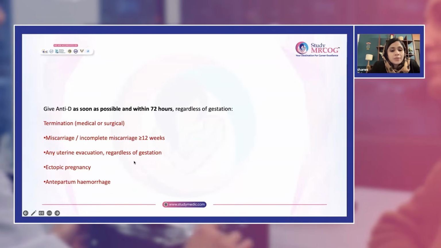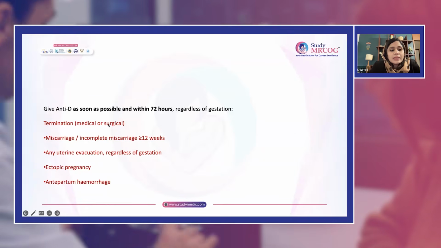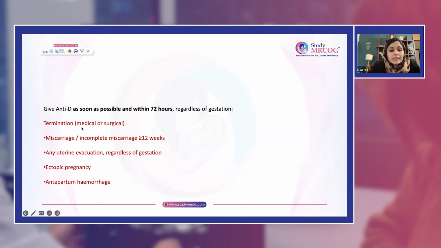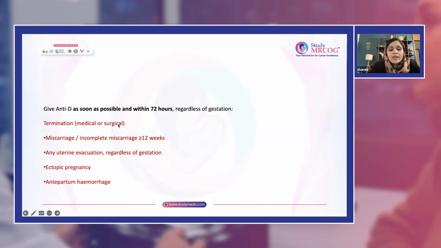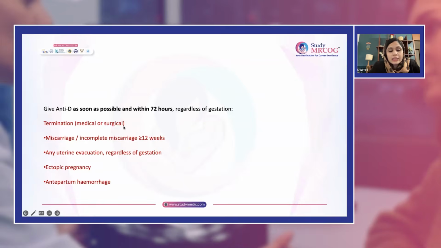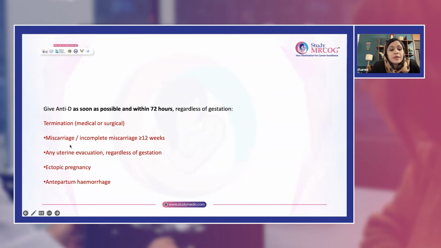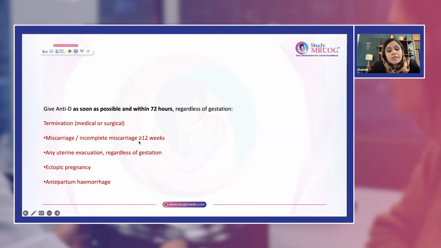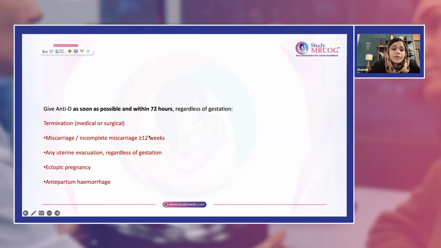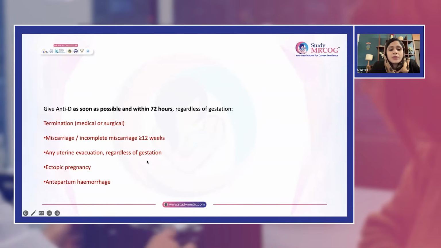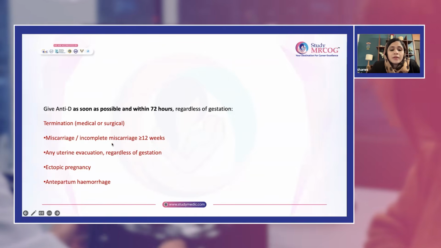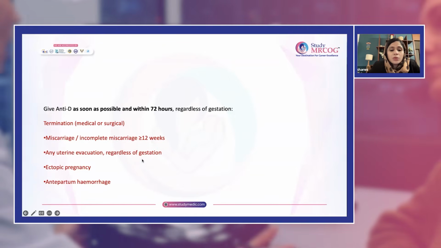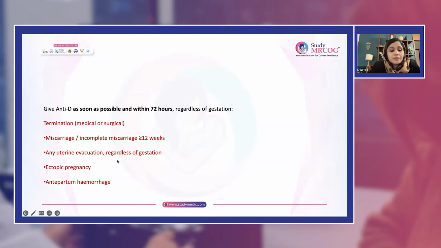So in many cases, according to the older guideline, that is termination, whether medical or surgical. Now, according to the NICE guideline, there is a change, which we will be discussing. Miscarriage or incomplete miscarriage at more than or equal to 12 weeks, definitely you have to give. Any uterine evacuation, again there is a change: more than 12 weeks, you are supposed to give.